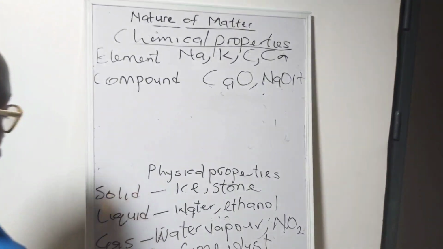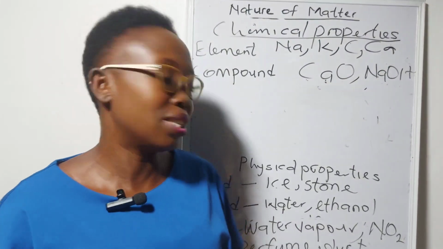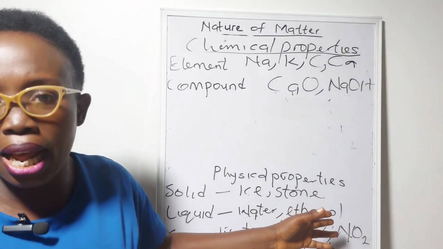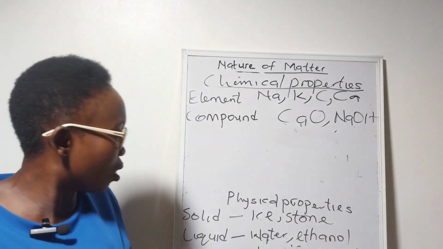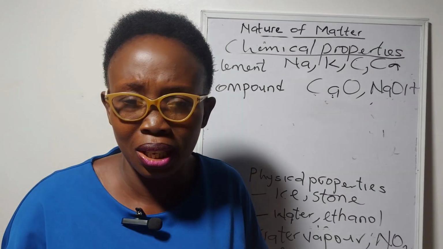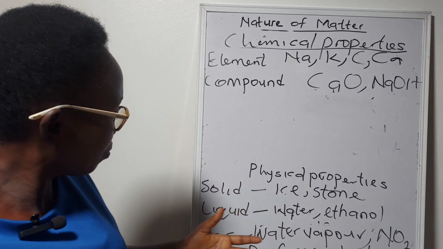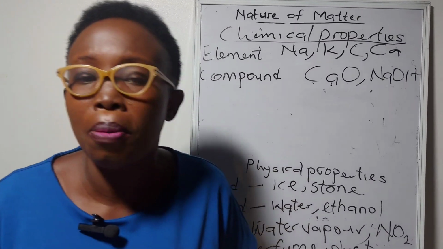Let's talk about gas. We have examples like water vapor. Our gases like oxygen gas, nitrogen dioxide, perfume, dust, all these are common in our houses. We can see them. And gases have their own property.